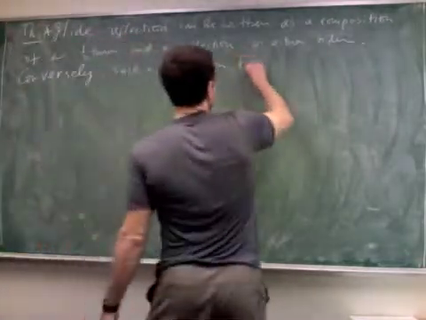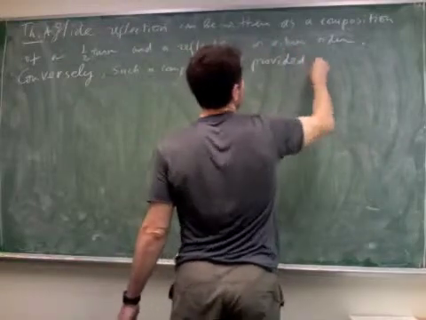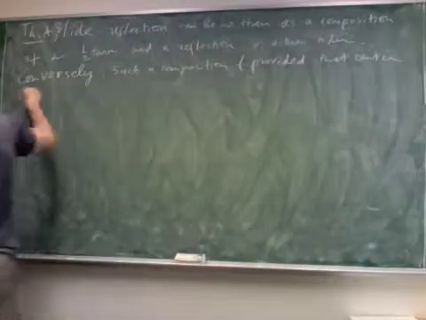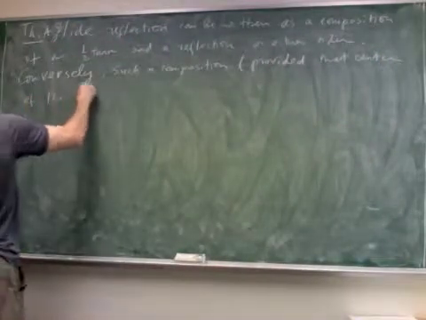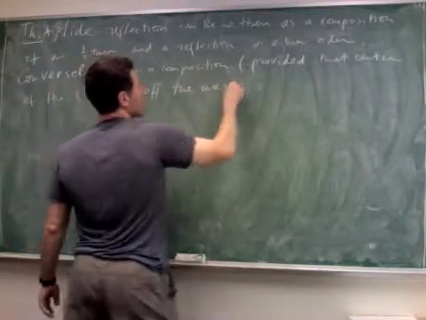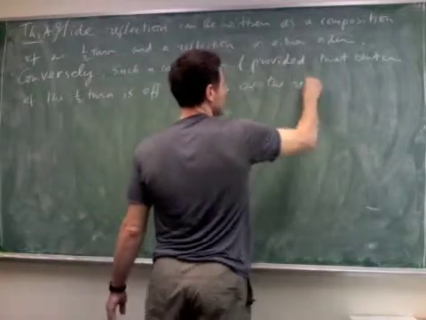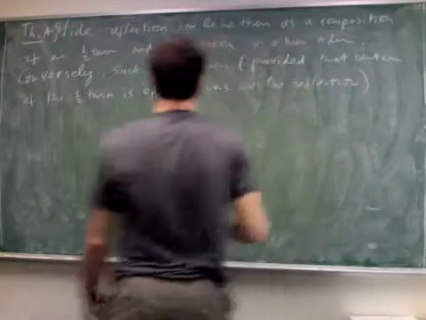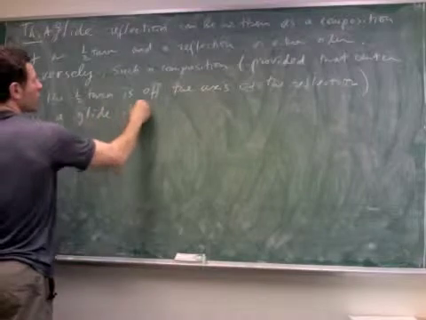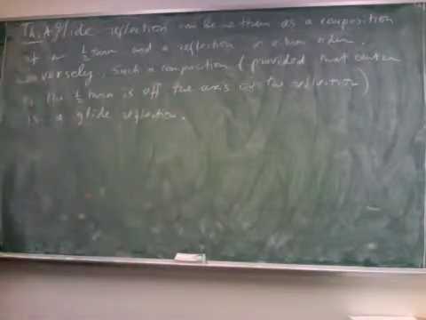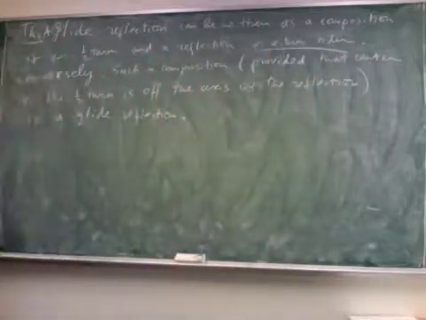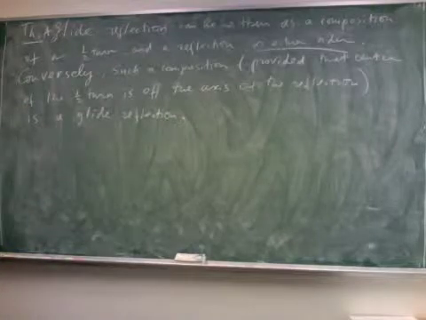Such a composition, provided that the center of the half-turn is off the axis of the reflection, is a glide reflection. Again, in either order, such a composition in either order, provided that the center is off the axis, is a glide reflection.